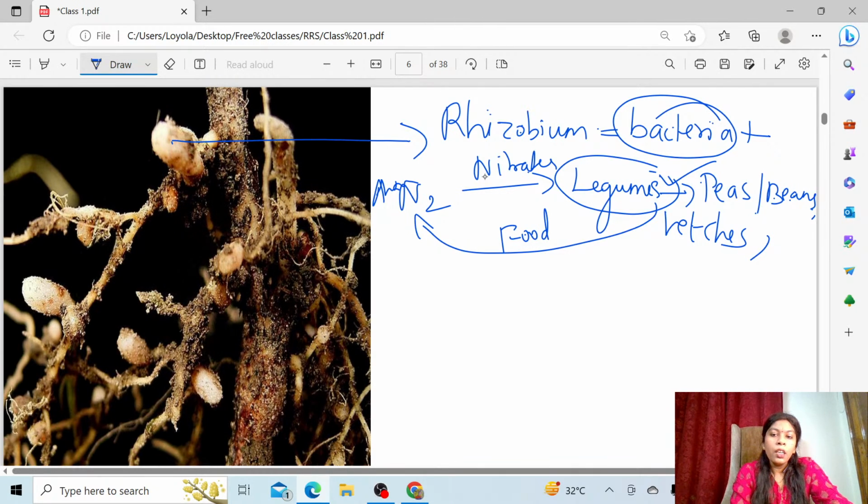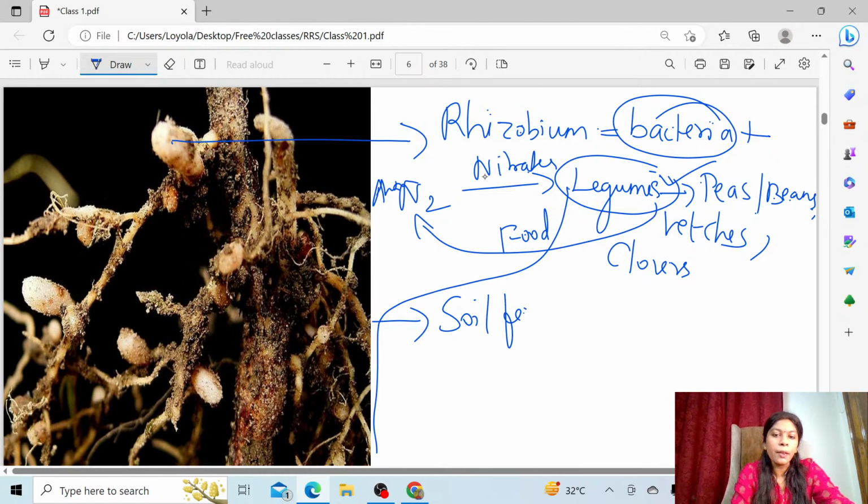And then comes clover, which we use. All these are legumes only. When you are studying this part, you should also know the benefits of having legumes. Legumes help in increasing soil fertility. This is how you have to learn your subject. Why? Rhizobium bacteria is there, so it acts as a biofertilizer for the soil.